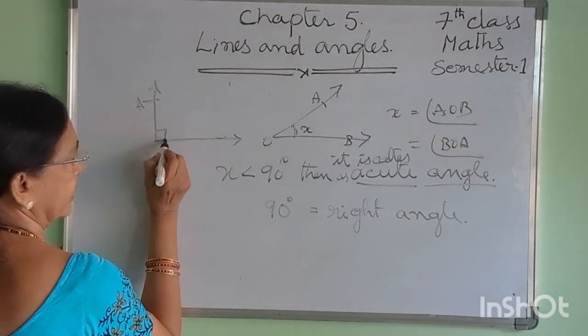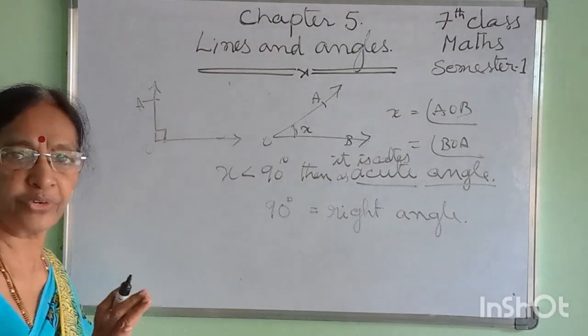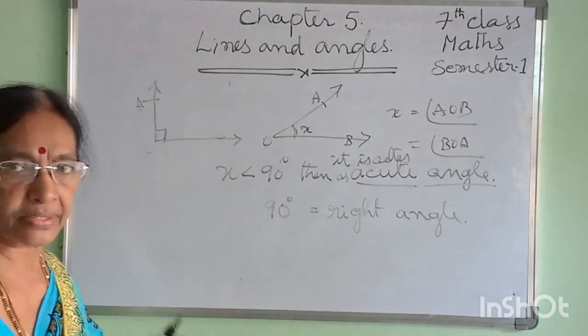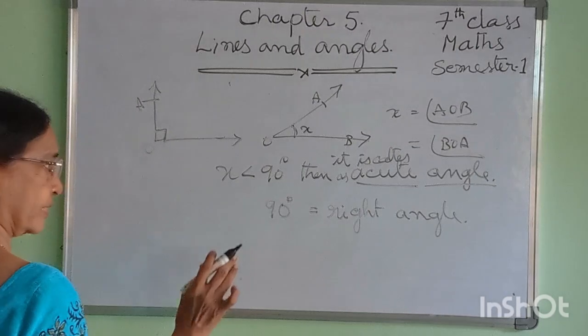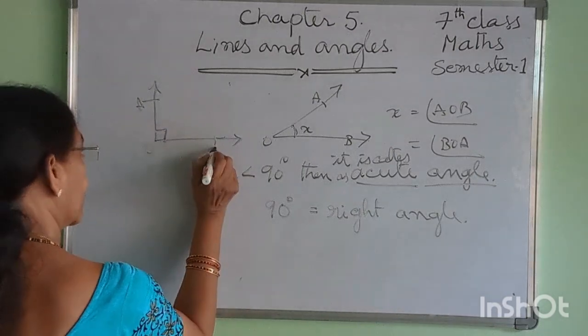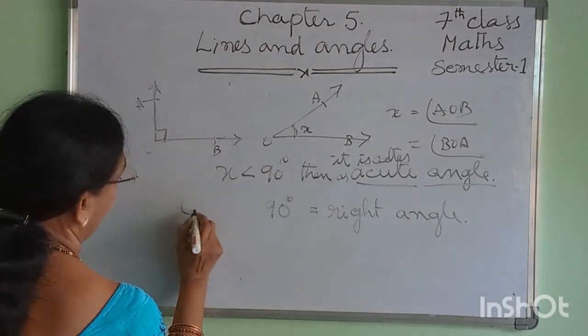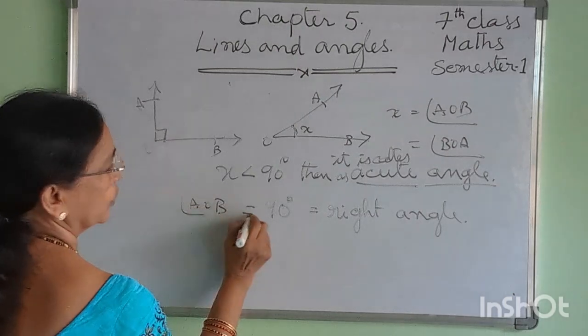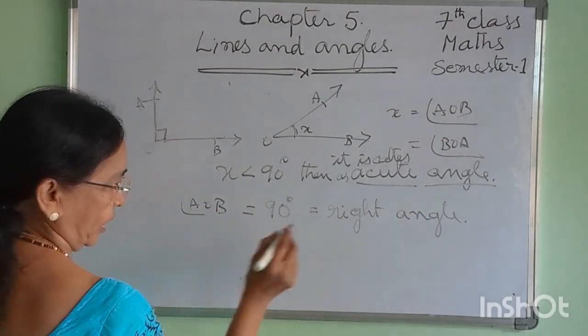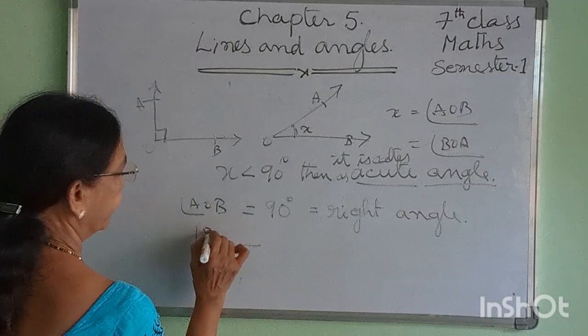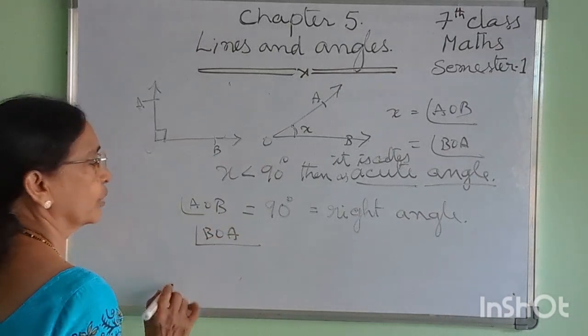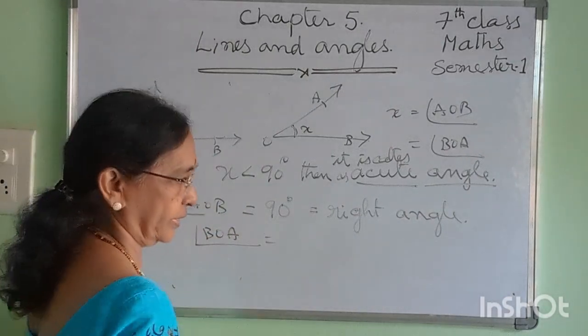If we mark it like this perpendicularly, we need not write that it is 90 degrees. So angle AOB is equal to 90 degrees, which is called a right angle. AOB is equal to BOA is equal to 90 degrees.